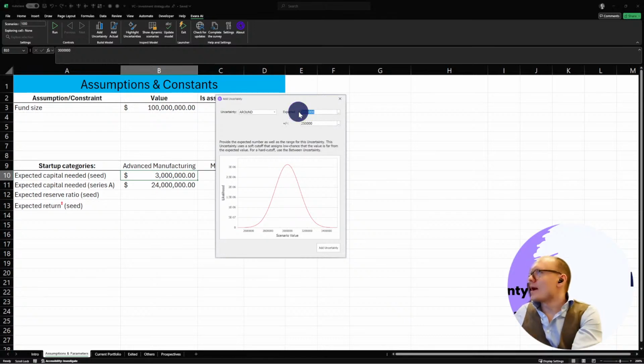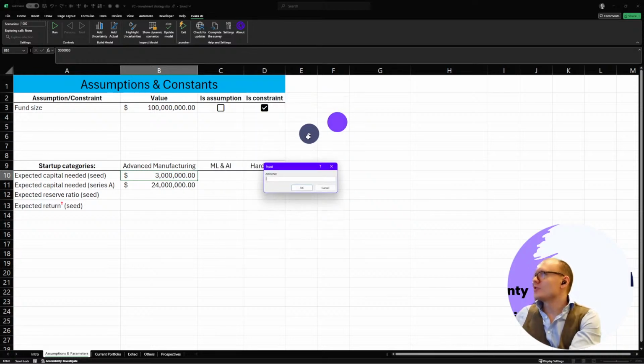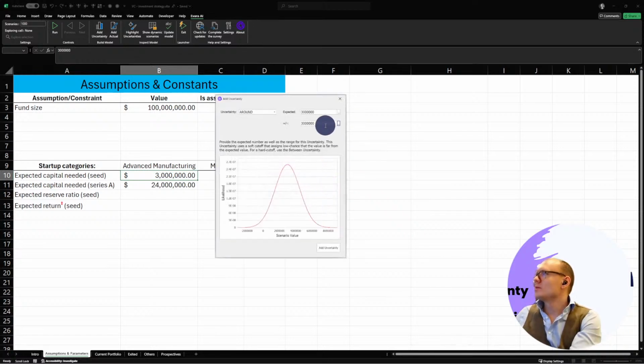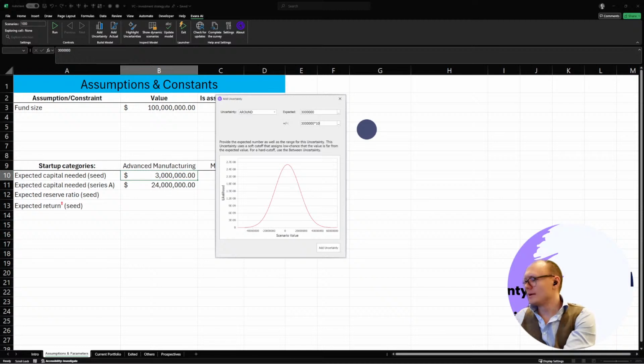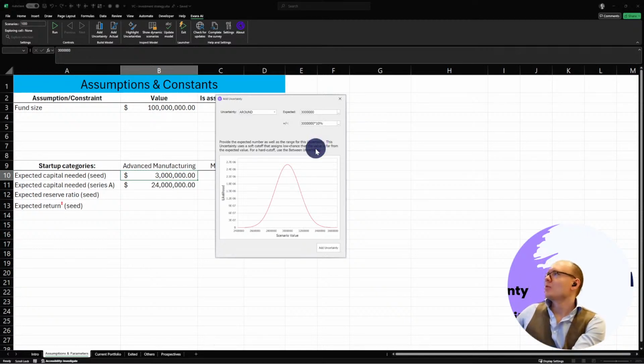Perhaps a better way of calculating this is to take the average expected number and multiply it instead with a percentage that we are unsure. So perhaps we are maybe 10% uncertain, which works like this. So you can write it in exactly this way.